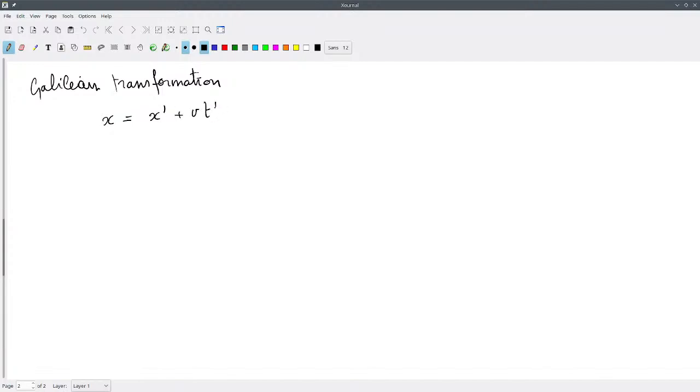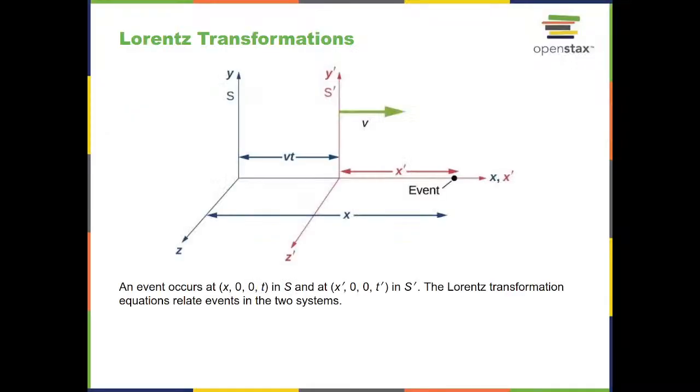let me be explicit here. This is a transformation from a reference frame S to a moving reference frame S prime, where S prime is going with a velocity v.